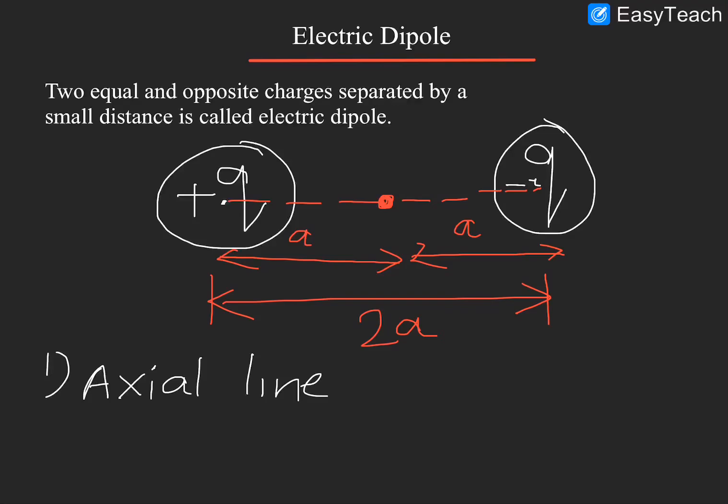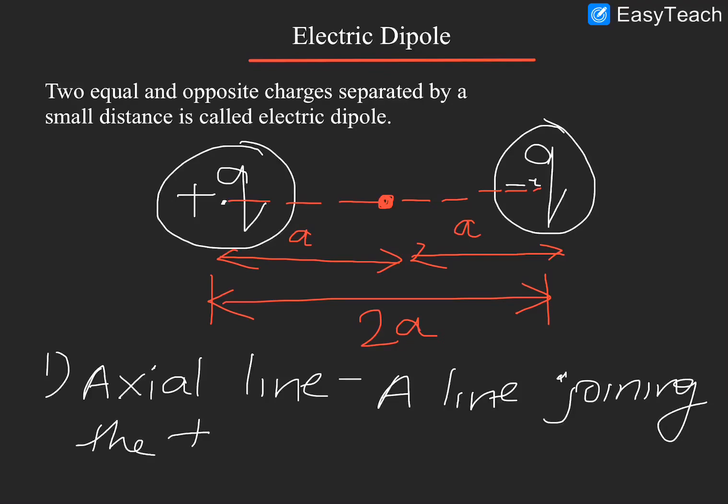From the word itself, it is clear that it is a line. Let us see what is meant by axial line. Axial line means a line joining the two charges. Such a line is called an axial line.